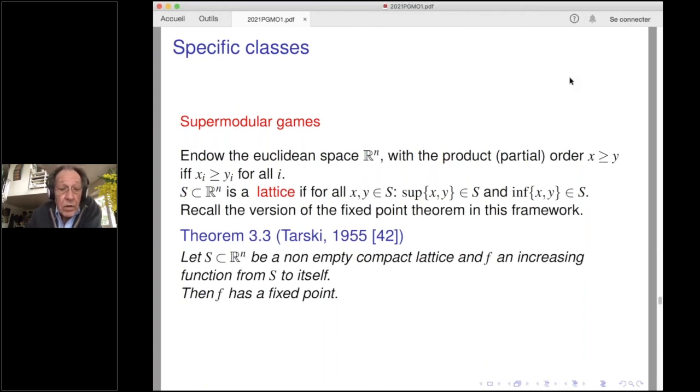Then you have a fixed point theorem in this framework, Tarski's, which says that if you have a non-empty compact lattice and f is increasing, then it has a fixed point. Think of an increasing function from [0,1] to [0,1]. No continuity requirement, it's simply increasing, then it has to cross the diagonal. Because at the beginning, it has to be above 0. If f(0) is 0, you have the fixed point, so you start above 0.